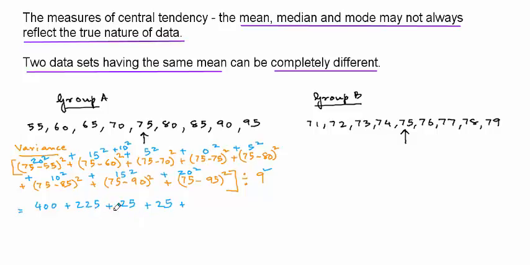So in between the 225, which is 15 square, and the 25, which is 5 square, we have a 100. That's 10 square. And a plus. Then we have a 25 and the same thing repeated. 100 plus 225 plus 400. And all of that divided with 9.